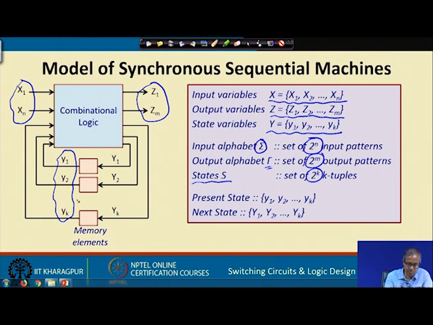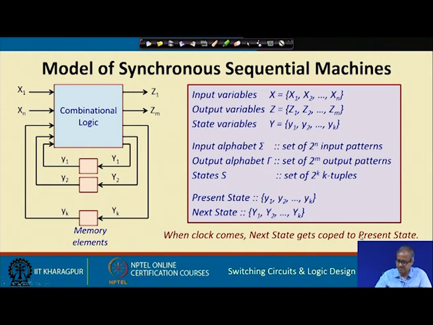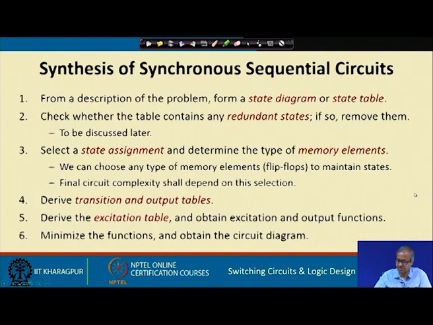As this diagram shows, small y 1 to y k is my present state, and the capital Y 1 to Y k, which is fed to the input of the memory elements, will be my next state. The clock is not shown. When the clock comes, the next state is copied to the present state.